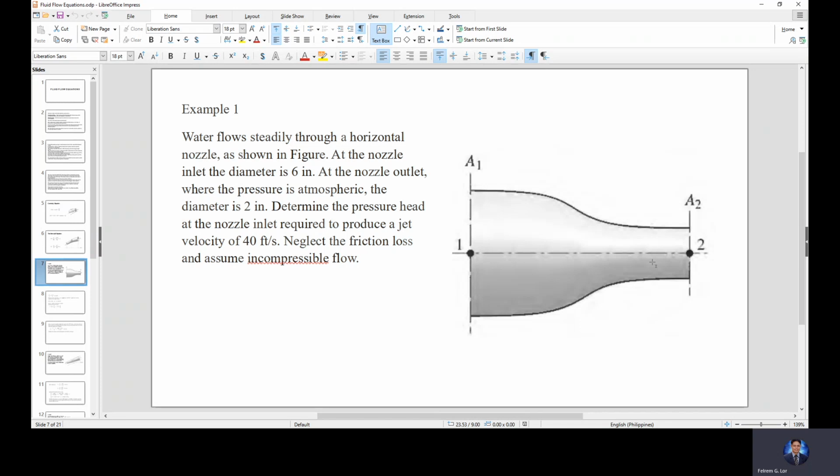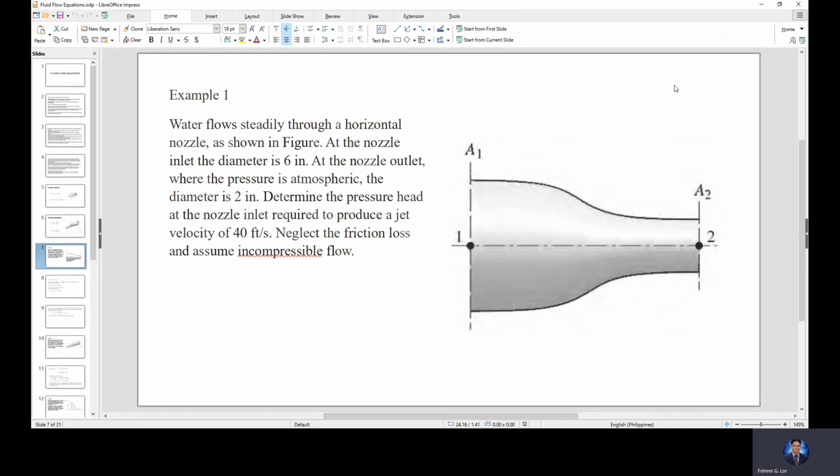Okay, so the nozzle inlet has a diameter of 6 inches. So this is our inlet, point 1. And this is our outlet, point 2.